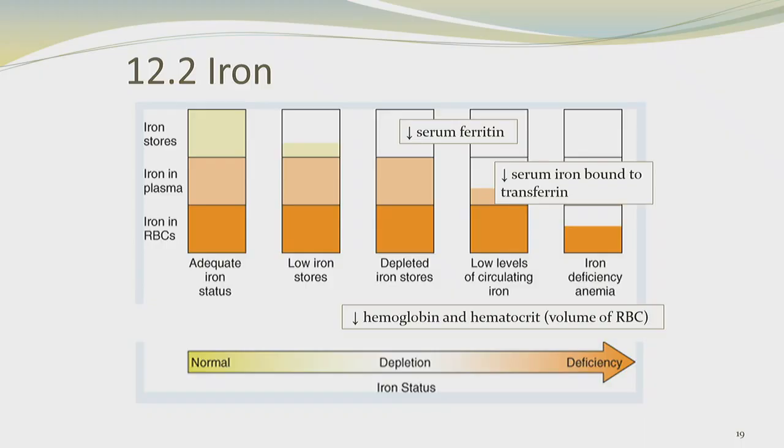As the depletion progresses, you will have a drop in your storage levels first, and that will be followed by a drop in how much iron is bound to your transferrin, and then eventually you will have lower levels of iron in your red blood cells as well.